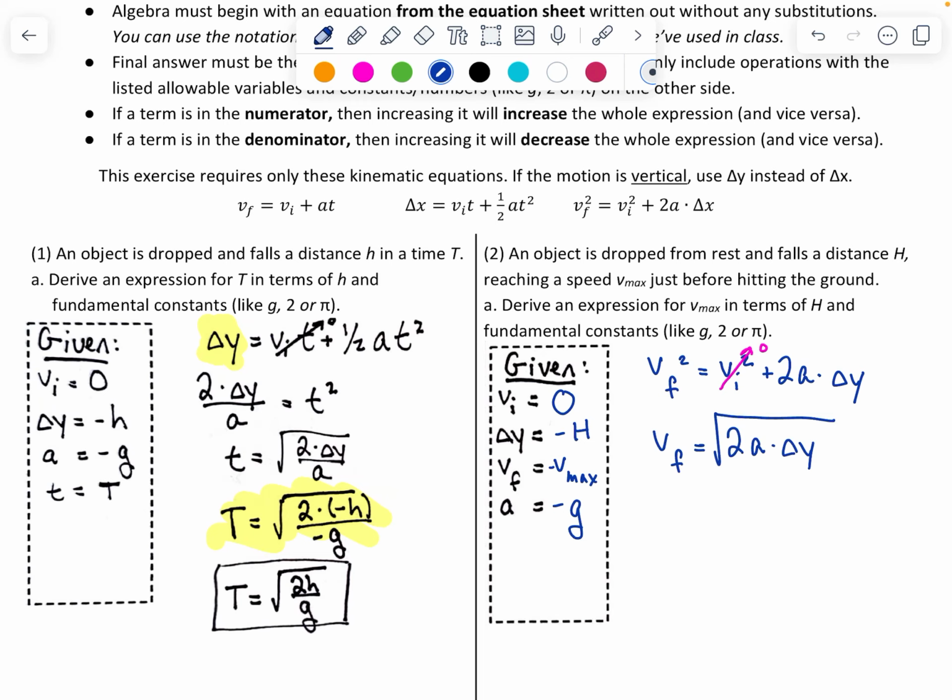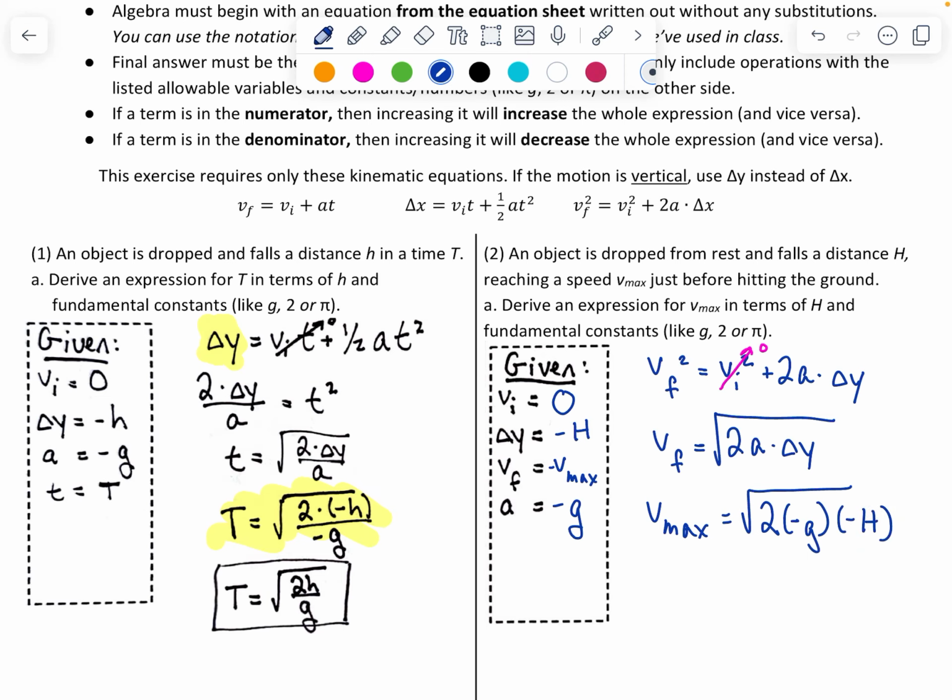Okay, and so now, before I am done, all I have to do is go through and replace every quantity with its equivalent from my givens. So Vf is Vmax. And since Vmax is a speed, I am just going to worry about the positive side of it. Then this is square root 2. The acceleration is negative g. The y displacement is negative h.